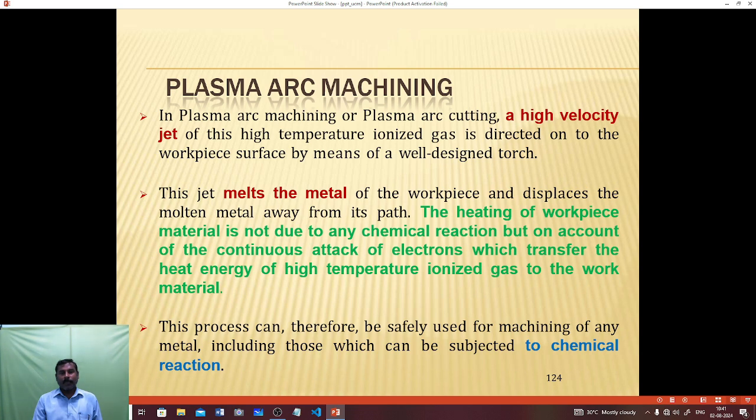The heating of the workpiece material is not due to any chemical reactions, but on account of the continuous attack of electrons, which transfer the heat energy of the high temperature ionized gas to the work material. This process can therefore be safely used for machining of any metal, including those which can be subjected to chemical reaction.